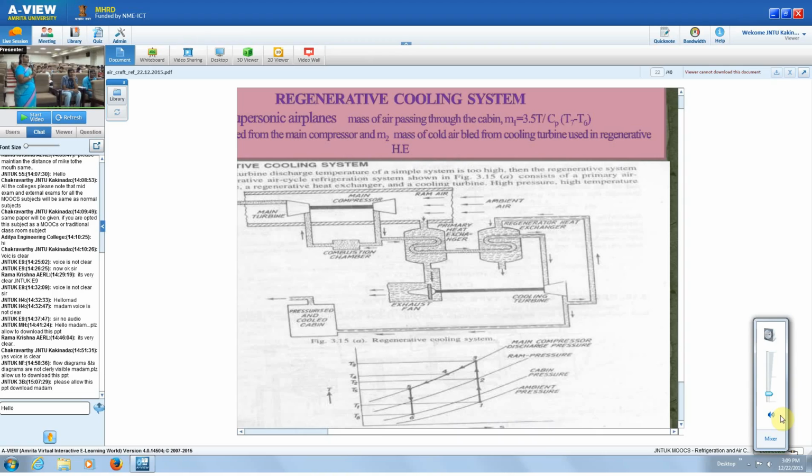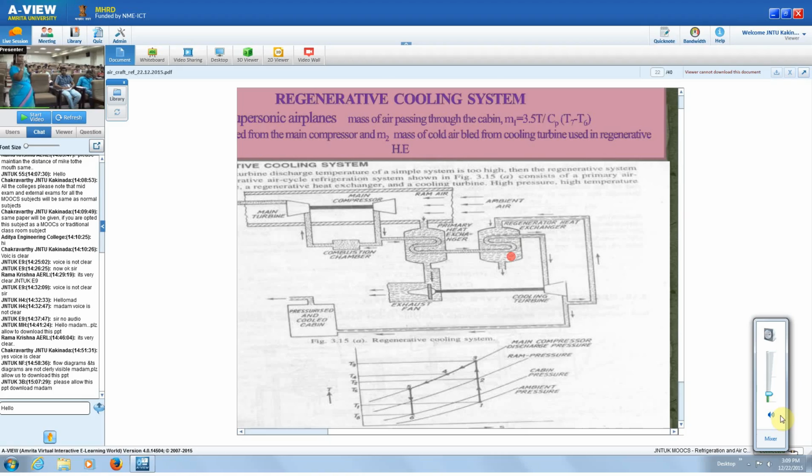In this, a part of the compressed air from the main compressor passes through the primary heat exchanger, where the heat rejection is by the rammed air itself. Then the air goes into another heat exchanger called the regenerator. It is called a regenerator because the exhaust from the cooling turbine is used for cooling that air.